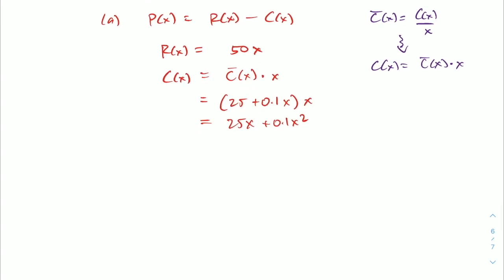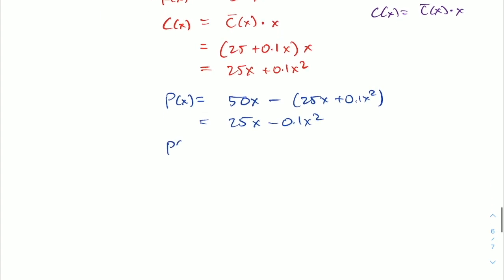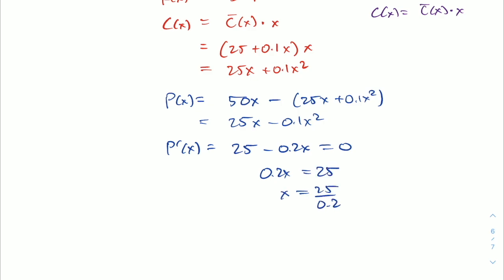So the profit function is going to be 50x minus 25x plus 0.1x squared, which is 25x minus 0.1x squared. We can maximize this by taking the derivative. So the derivative of this function is 25 minus 0.2x. Set it equal to 0, we get 0.2x equals 25, or x equals 25 over 0.2, which is 125.